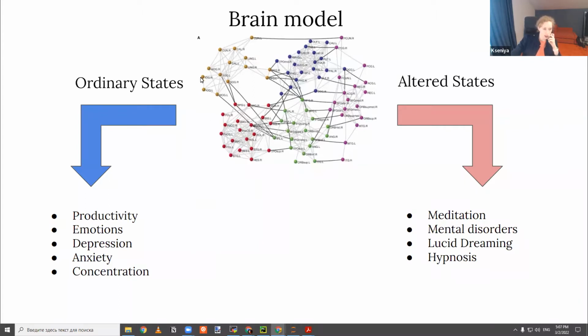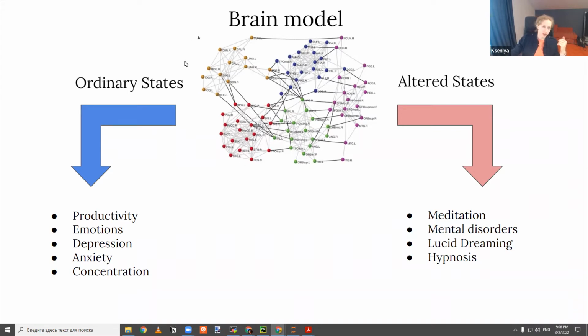These dots can be, for example, different states, different emotions. For example, maybe the green one is connected, for example, with concentration and with some specific areas of the brain or some specific nets of the brain.